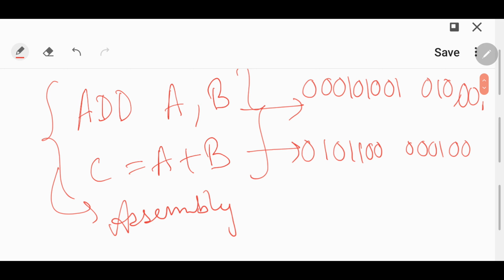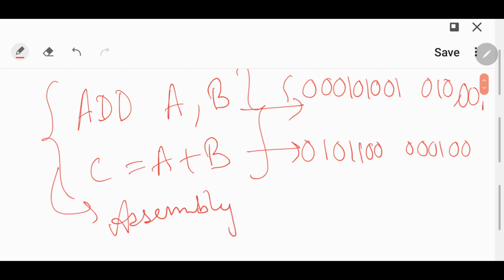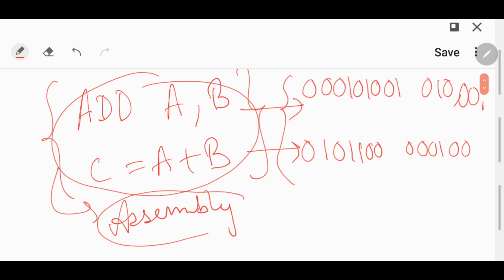Now which will be easier for you to learn, these or this? Obviously the assembly language will be easier to learn. Where I have written all this code in machine language, all the codes are written only in the form of zeros and ones.